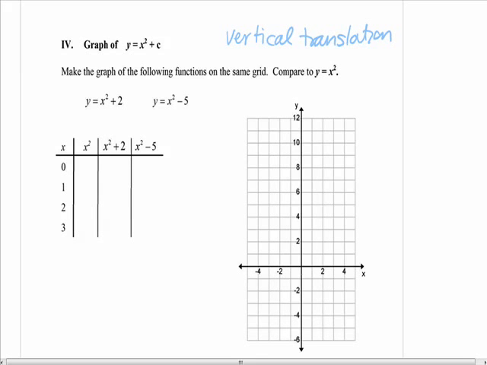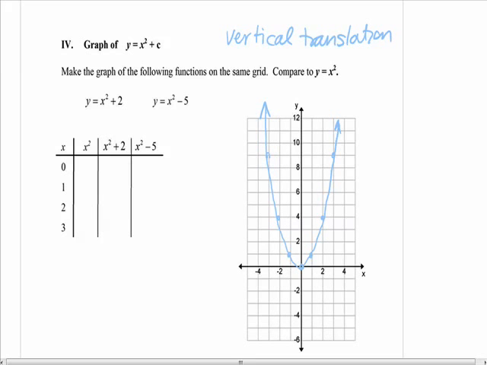Go ahead and graph the parent function. Over 1, up 1, over 1, up 1, 2, 3, over 1, up 1, 2, 3, 4, 5. All right, so there's the parent function.